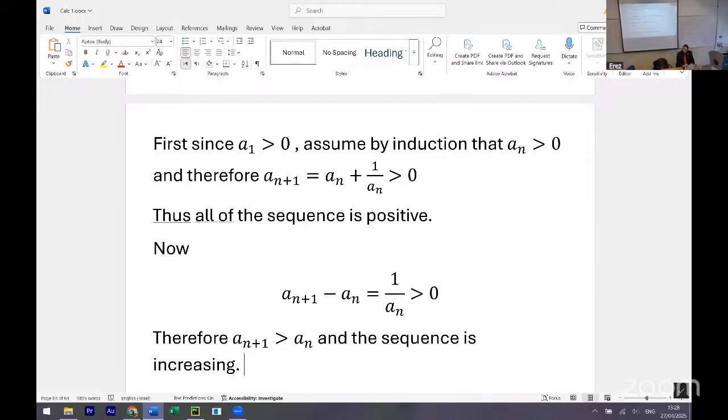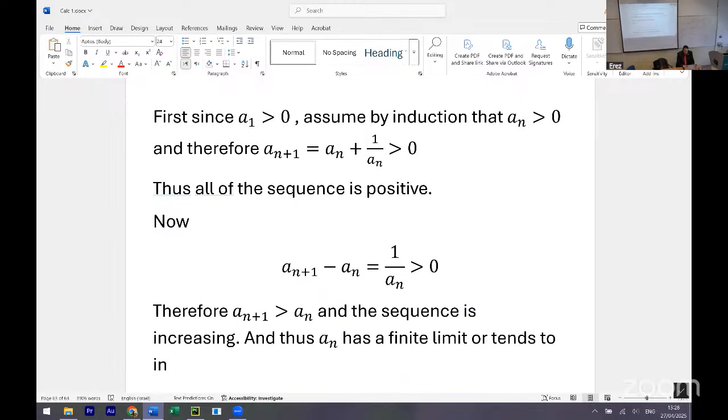The theorem that we proved says that AN has a finite limit or tends to infinity. Agreed?